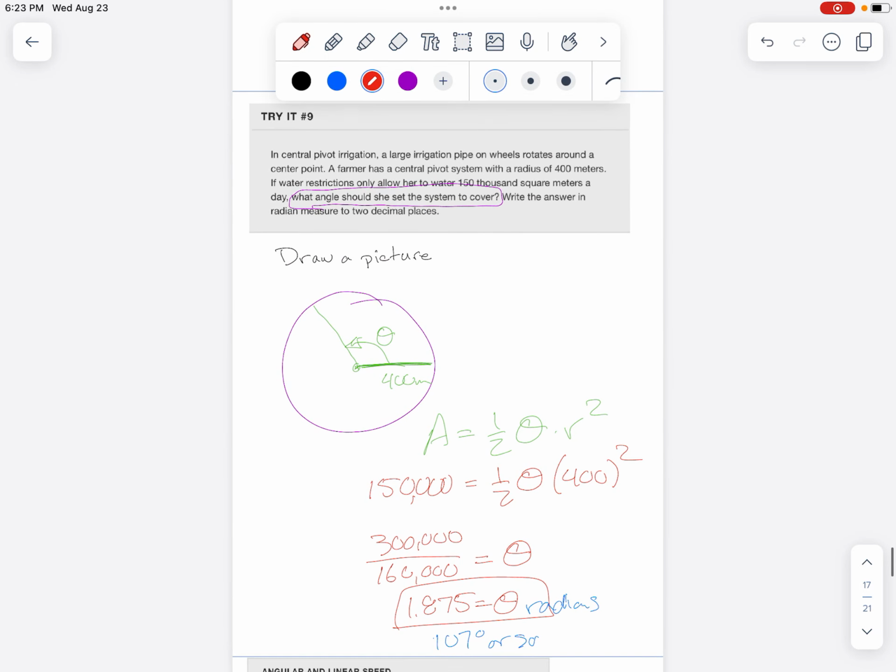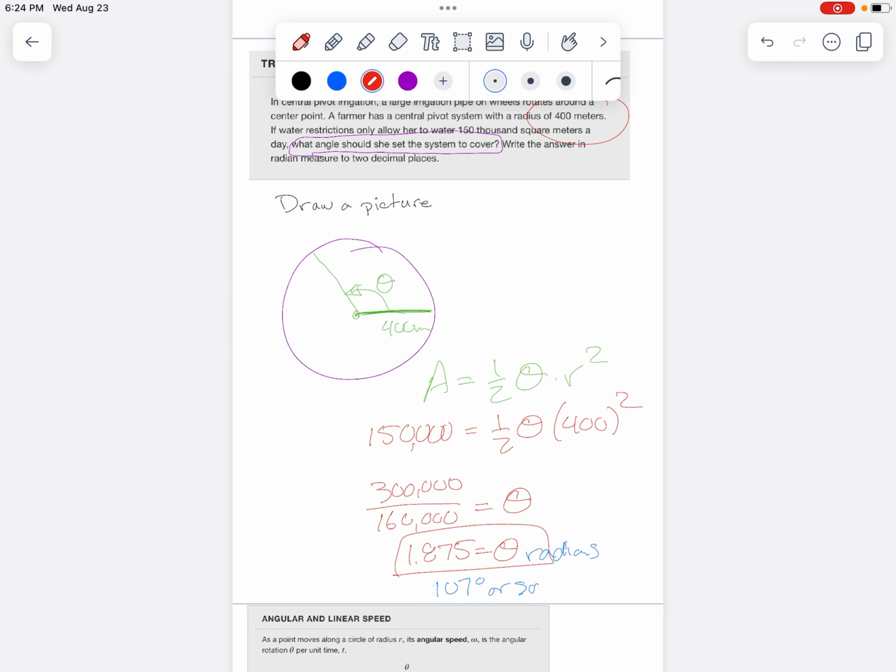And so let's go back to our irrigation problem. We had this irrigation problem where the radius was 400 meters, and here's the formula for area. We wanted to know what angle do we need so that the area is 150,000 square meters.